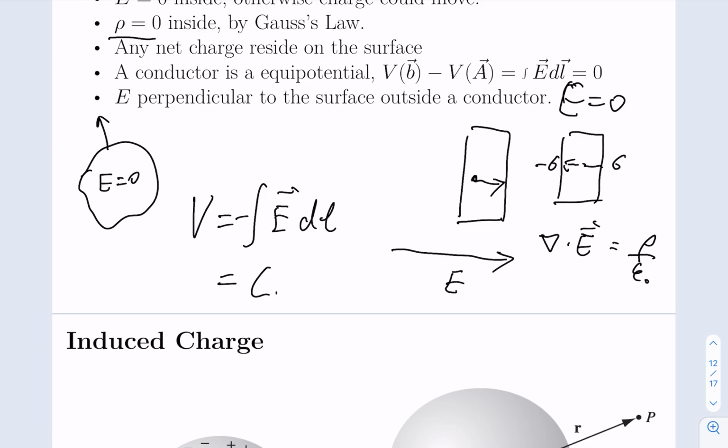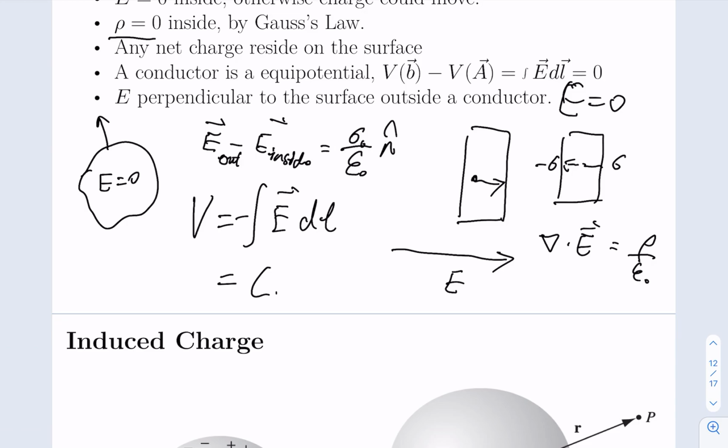The E field inside is 0, and earlier in the lecture we already derived that the E field outside minus the E field inside should be the surface charge divided by epsilon naught, times n hat.